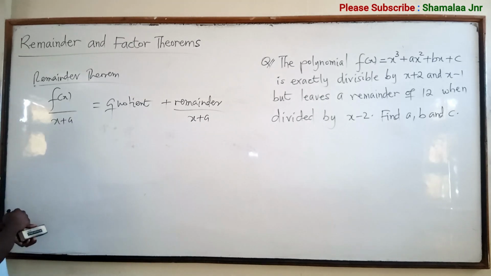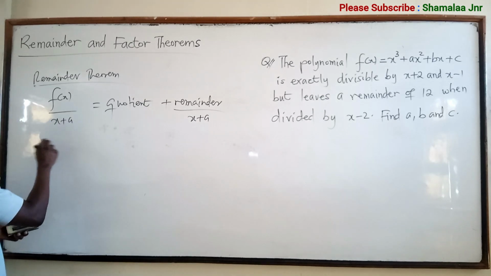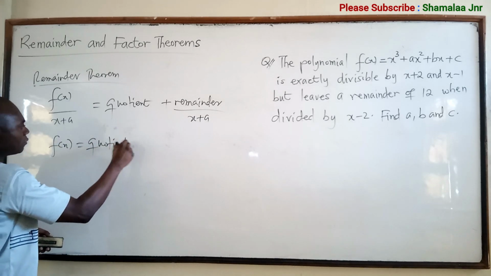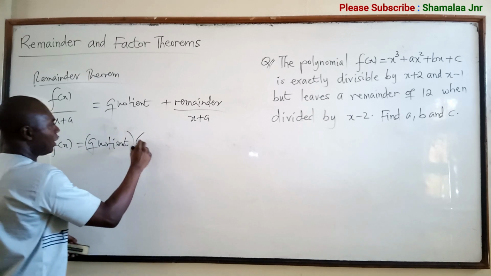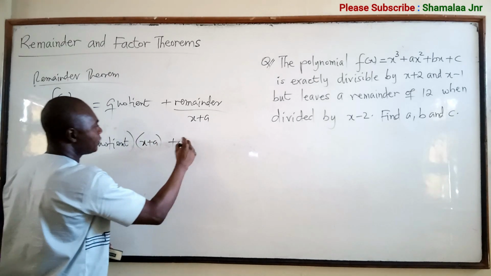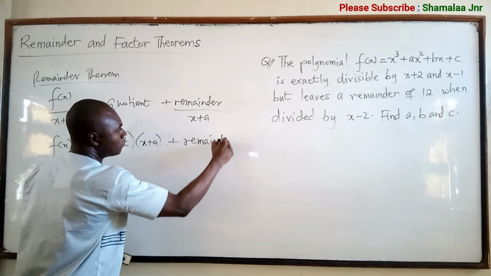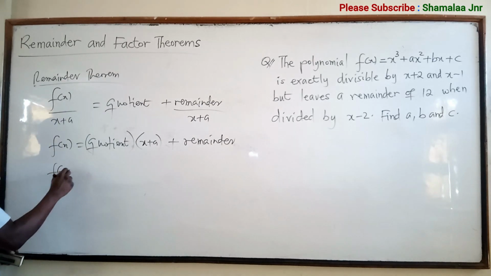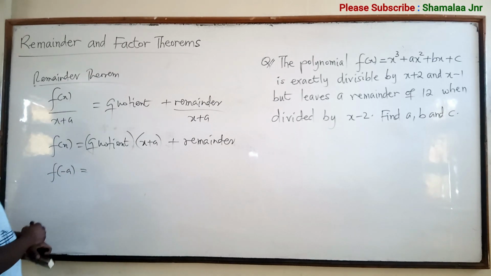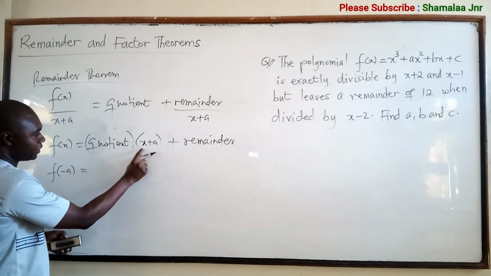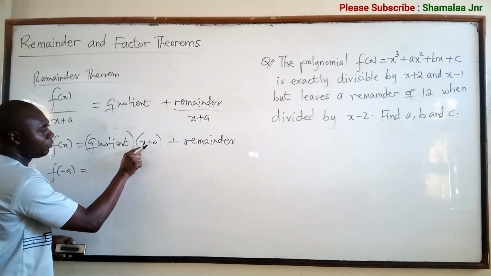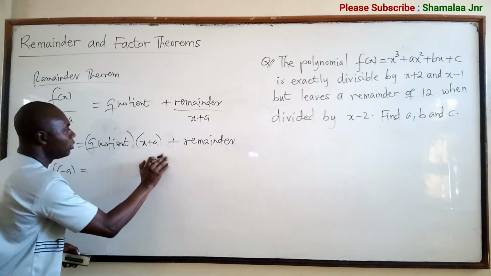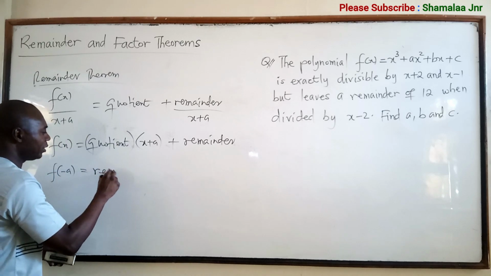Again, if you multiply through by x plus a, then f of x is equal to quotient times x plus a plus remainder, because x plus a will cancel x plus a. Now, if you find f of negative a, wherever you see x, you write negative a. If you put negative a here, this will be negative a plus a, which is 0, and that will cause the whole of this to go to 0, and this will be equal to the remainder.